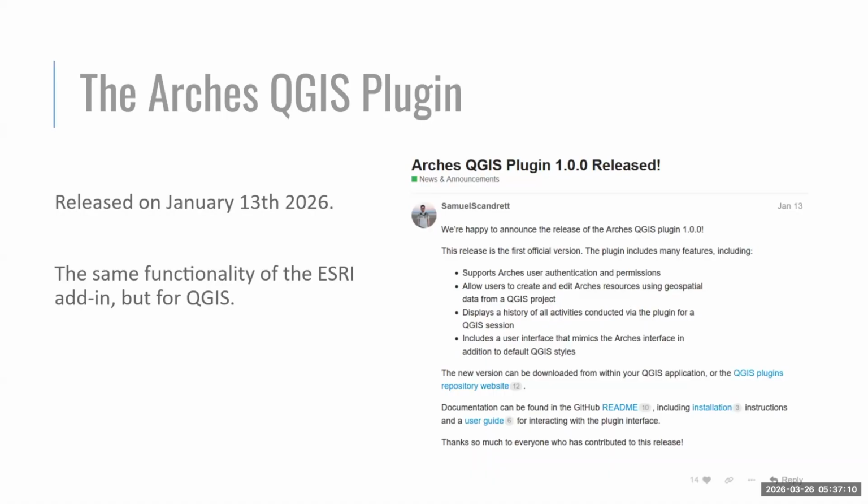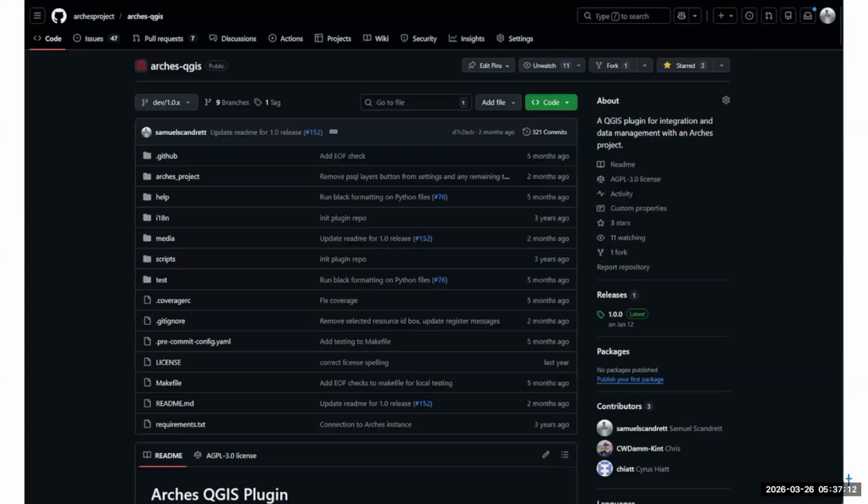And just for developers who might be interested in a bit of the software side of it, I'll be very quick, don't worry. The source code is available on GitHub. It's under the Arches project organization. You can see it here. If you want, you can raise a pull request. You can go raise an issue. Like I said, it's written in Python. The front end of the QGIS plugin is written in a framework called PyQt.